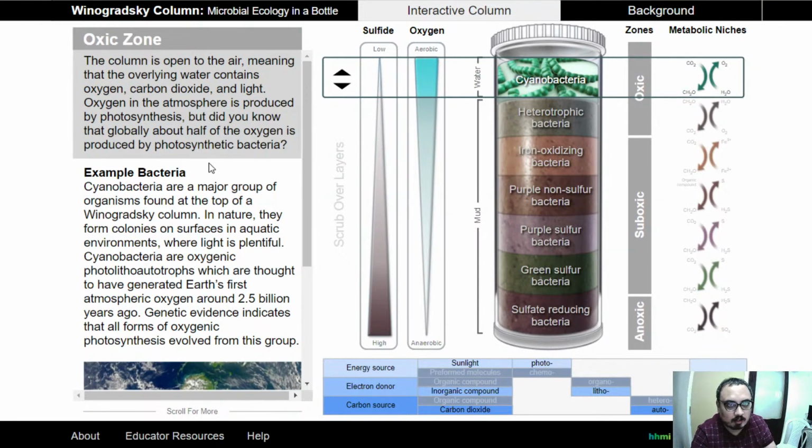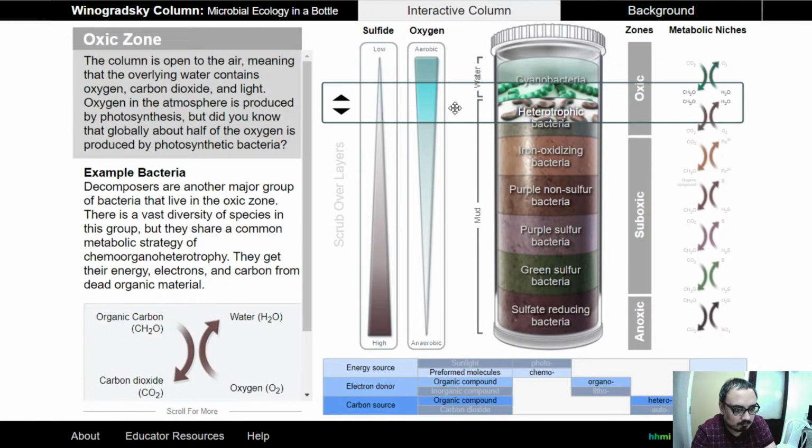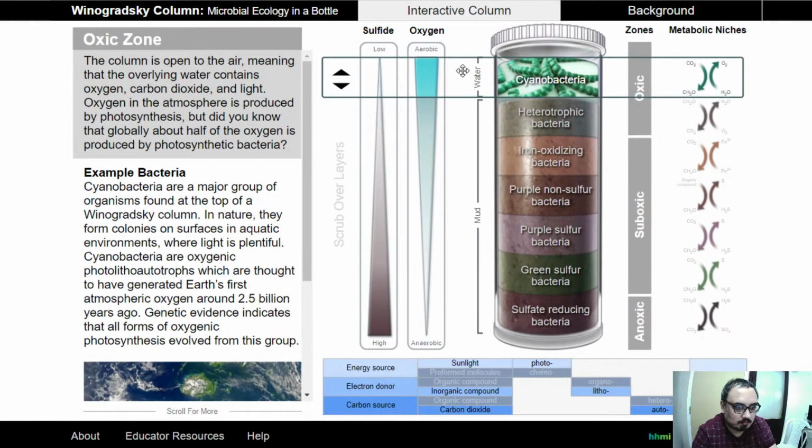So starting with the column, with the first phase, where the energy source is light, the electron donor will be an inorganic compound, and the carbon source will be carbon dioxide.